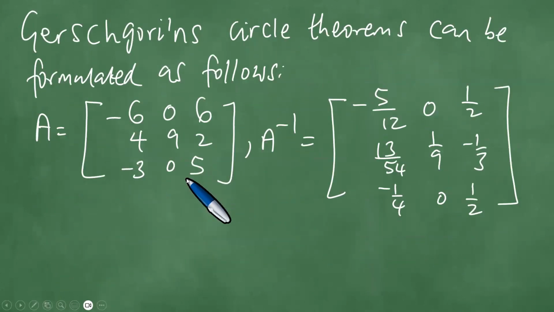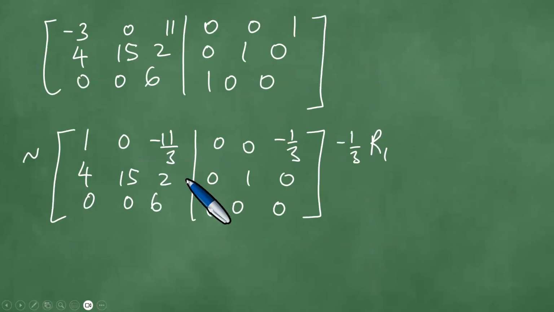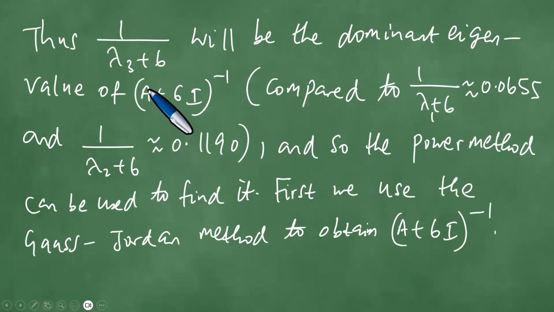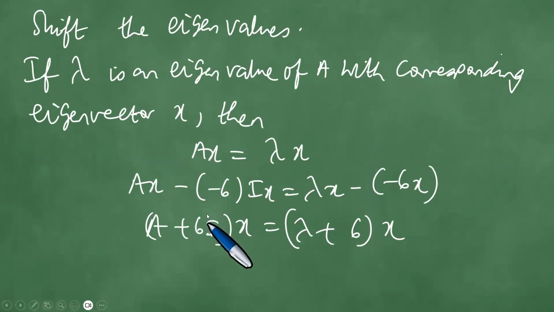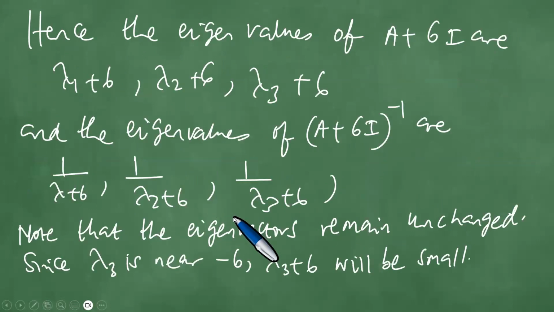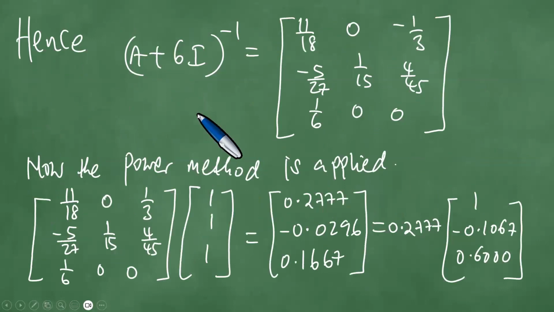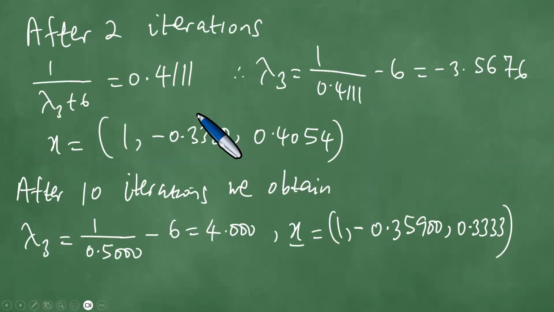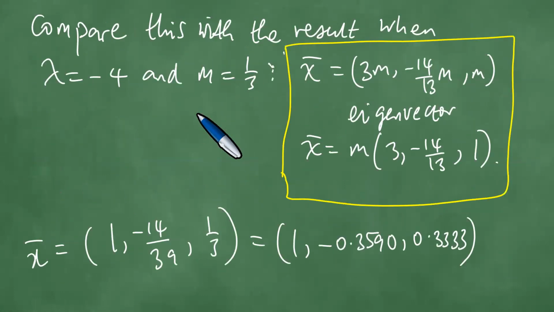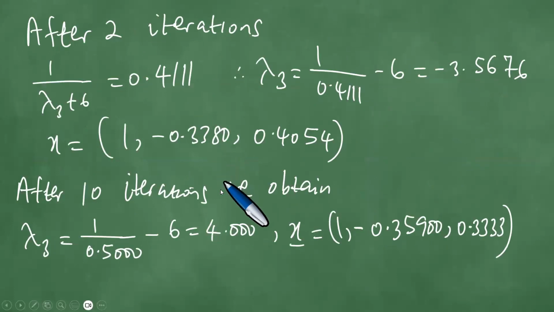And being the center of one of the disks, we used it wonderfully here. We subtracted it here and used it here, and we're able to give an estimate of lambda 3.